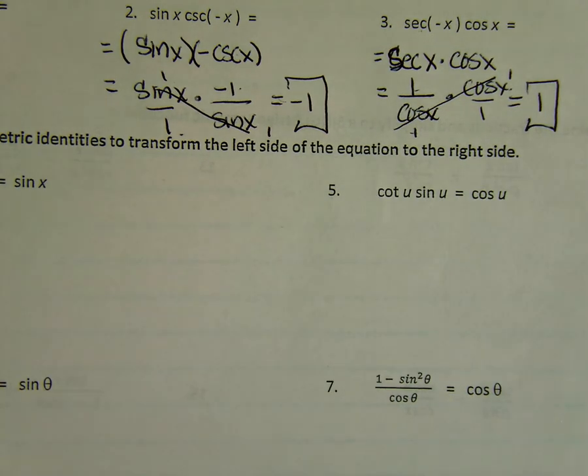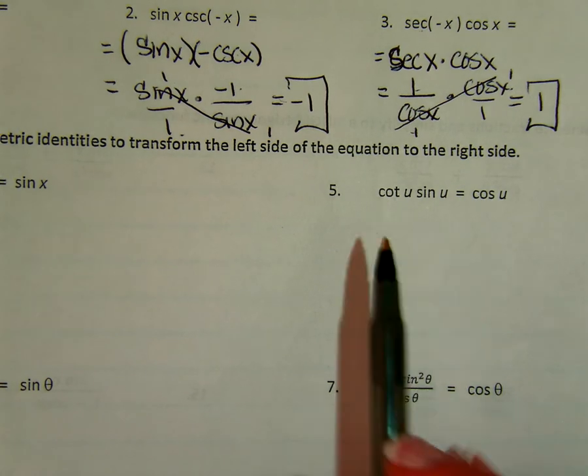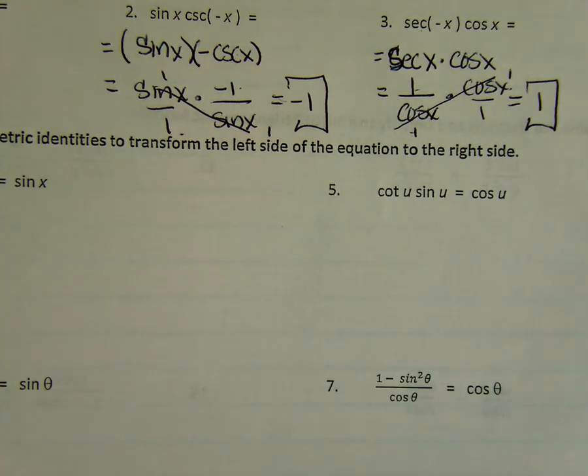So we mentioned this in class on Thursday. The second you're asked to verify an identity and you see one trig function next to another trig function, just a single function multiplied onto another single function, my suggestion was to use either reciprocal identities or quotient identities.